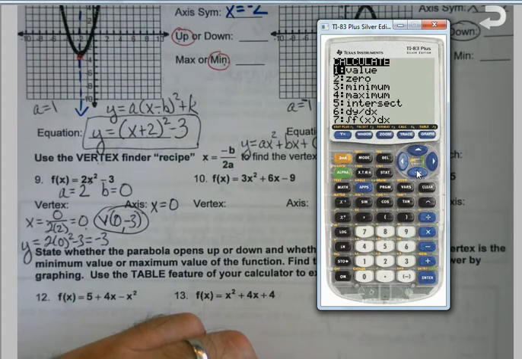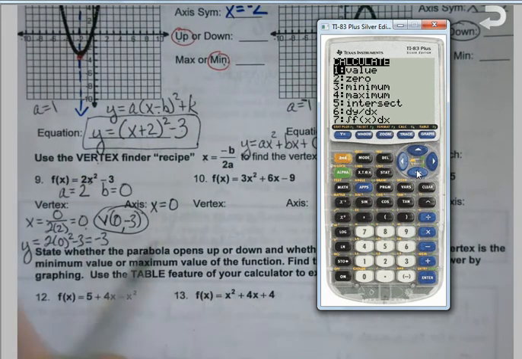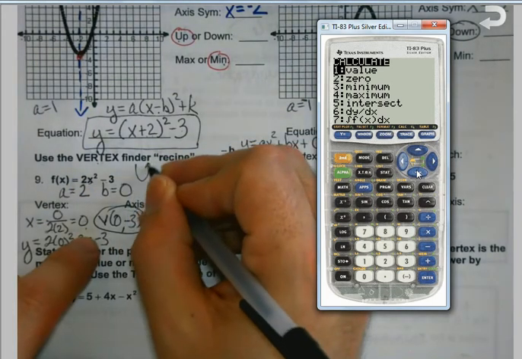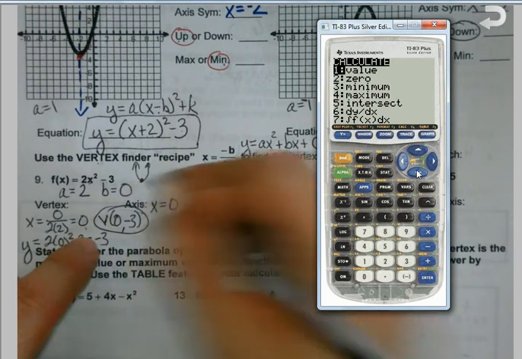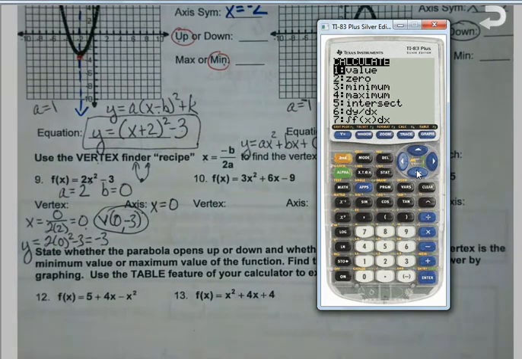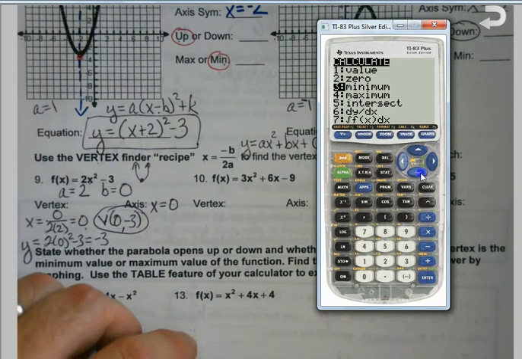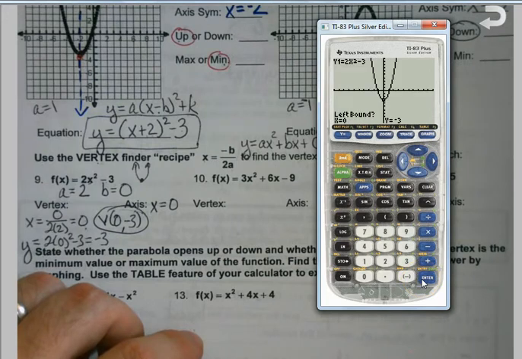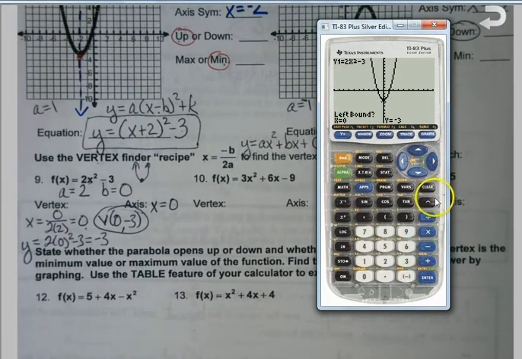Notice one of my options is going to be a min or a max. Now, if I don't remember what the graph looked like, I still should know that this is going to open up because my a value is positive, which means I'm going to have a minimum. So I'm going to go down to minimum, and I'm going to hit enter. And my little cursor, my little blinky guy, is going to show up. And here's how he works. He's going to trap the minimum in here for me and tell me what the answer is.